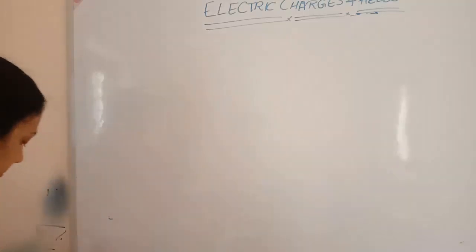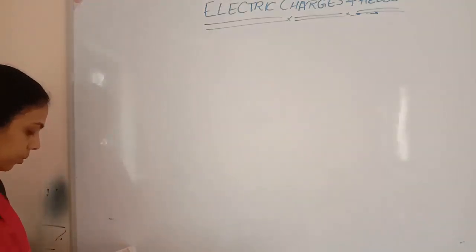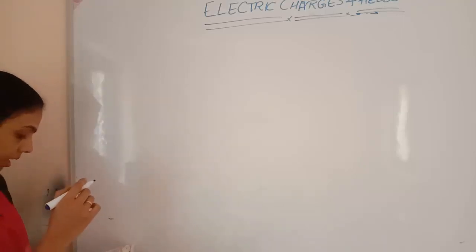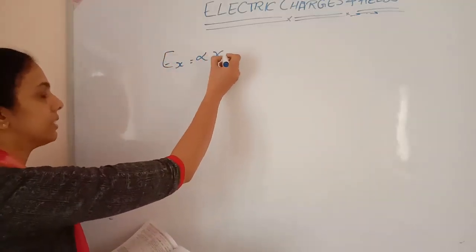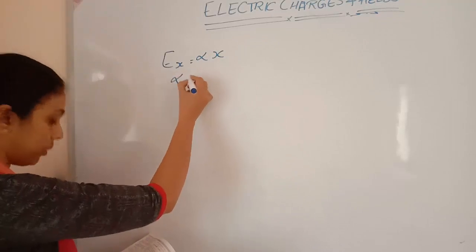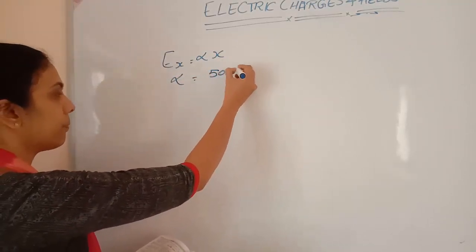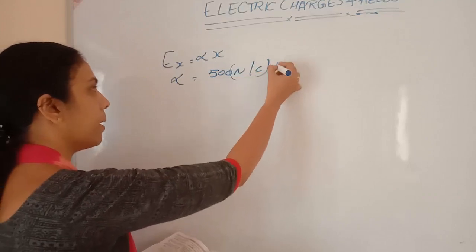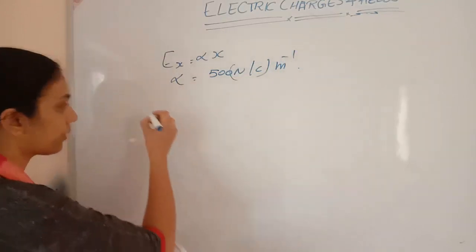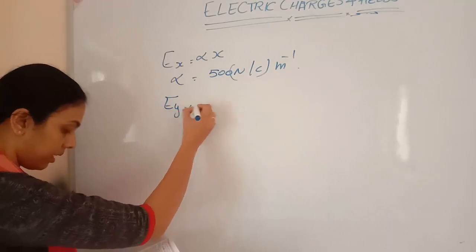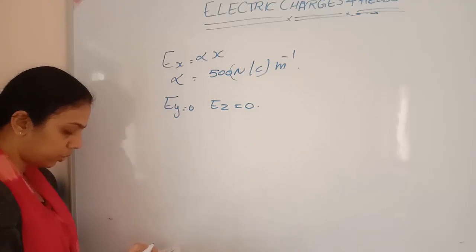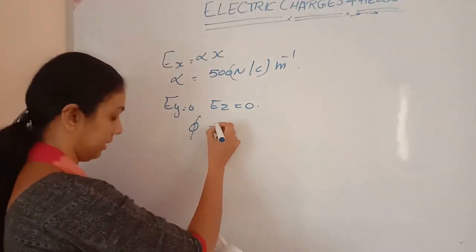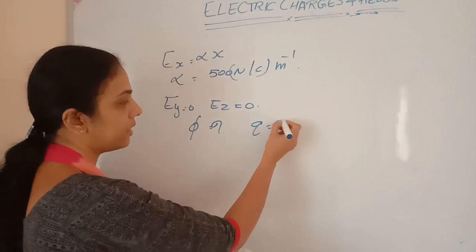The electric field components due to a charge inside the cube of side 0.1 meter are Ex equals alpha x, where alpha equals 500 Newton per coulomb meter to the power minus 1, Ey equals 0 and Ez equals 0. Calculate the flux through the cube, and we should also find the charge inside the cube.